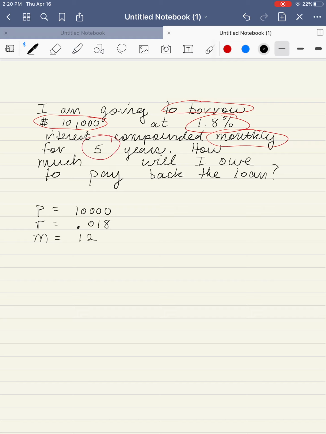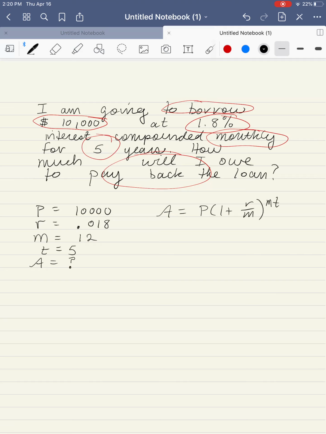There are 12 months in a year, so M is 12. I'm doing this for 5 years, so T is 5. And how much will I owe to pay back the loan at the end? That is going to be my A that I'm looking for.